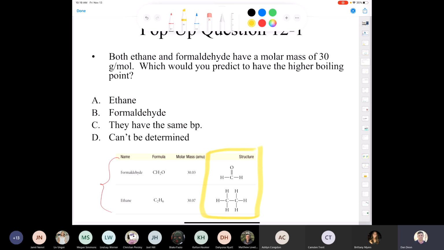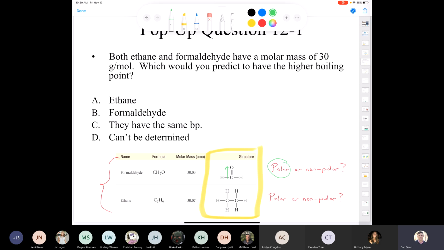If we look at these structures, the question I want you to ask is polar or non-polar. Well, if I look at formaldehyde, there's a carbon-oxygen double bond in there, isn't there? So this is a polar bond.